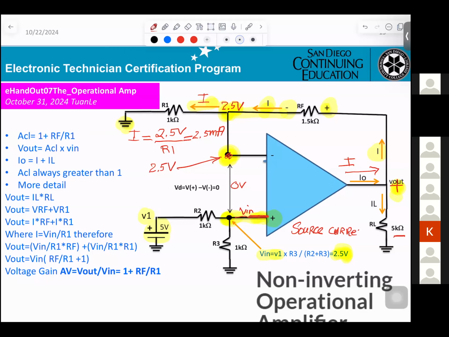Some goes up and some go down. So the I comes out from the op amp, and they go this way.